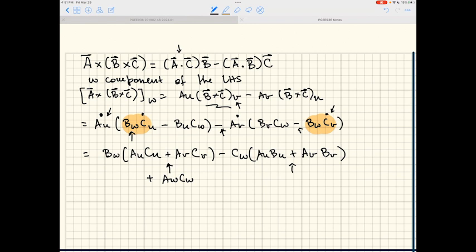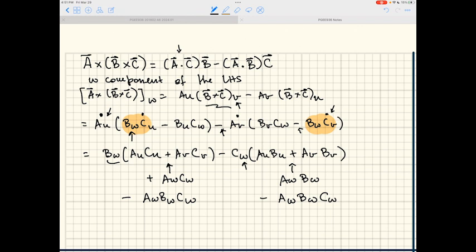I can add this term and subtract the remaining, which is BW times AW CW. Same thing here: we have to add AW BW, and subtract the same quantity, AW BW, times the external factor CW.